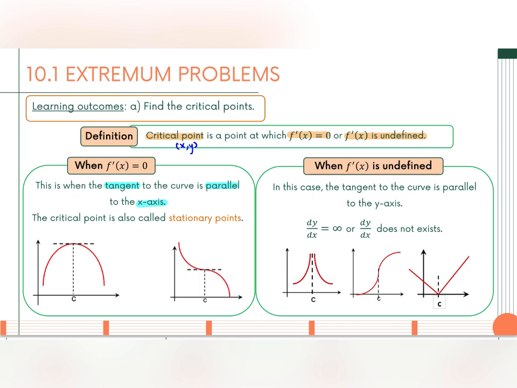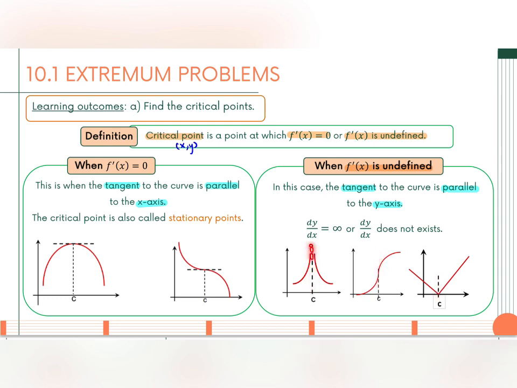Okay, and then the second case untuk kita identify critical point adalah apabila f prime x is undefined. So bila masa dia undefined, maksudnya kita punya tangent to the curve is parallel to the y-axis. Okay, so kalau tangent kita parallel kepada y-axis, nampak tak macam ni? This is actually our critical point.